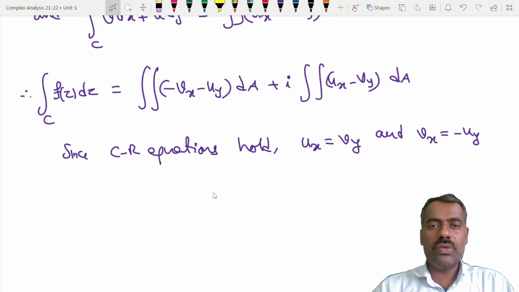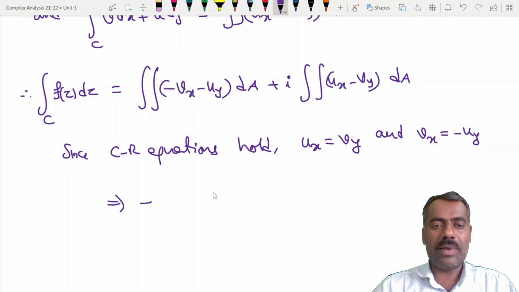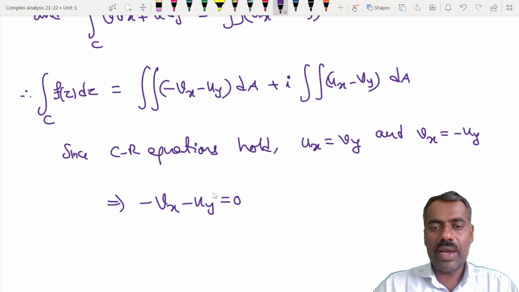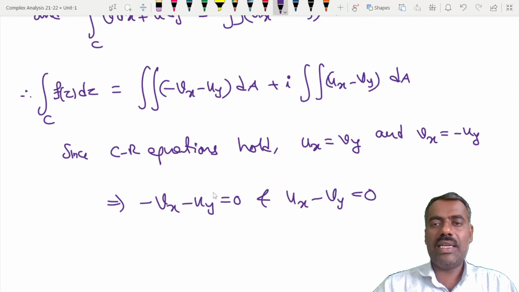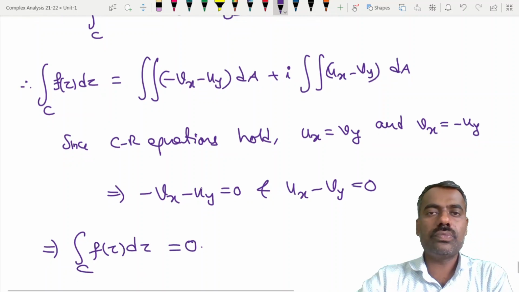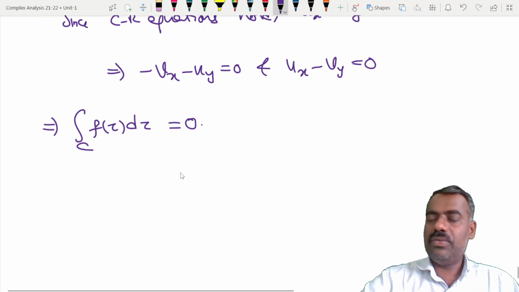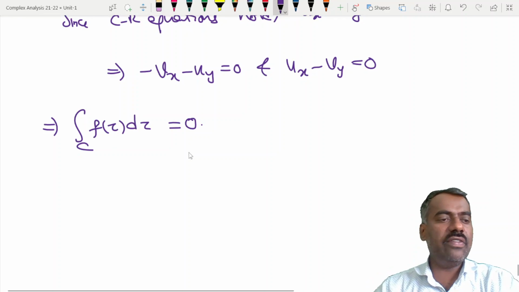So ux minus vy is 0, and minus vx minus uy is also 0. So this integrand is 0, this integrand is 0. That means the integration of f of z dz over C is equal to 0. So this is an initial result about for which functions f the integral value is 0.